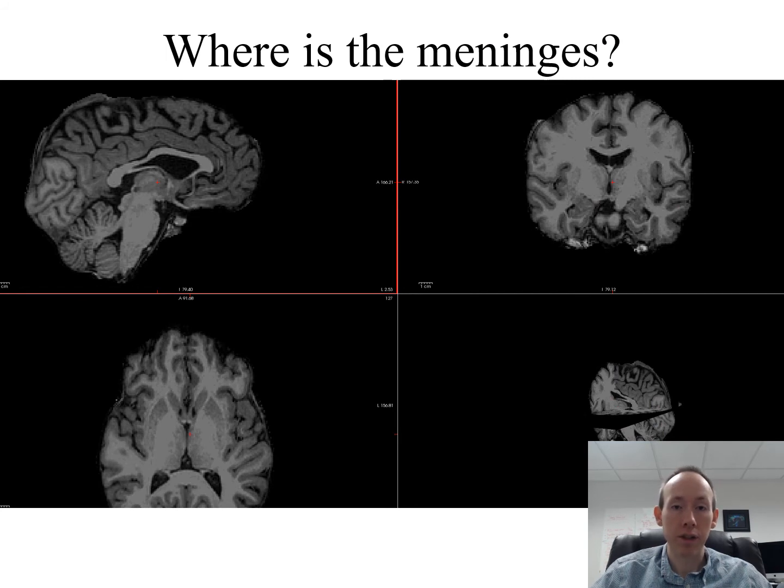So where are the meninges on this image? This is our mid-sagittal slice right down the middle of the brain, and right here we're seeing a little bit of dura mater. This is what we call a skull-stripped brain, meaning we've removed the skull, so now we can just look at the brain.